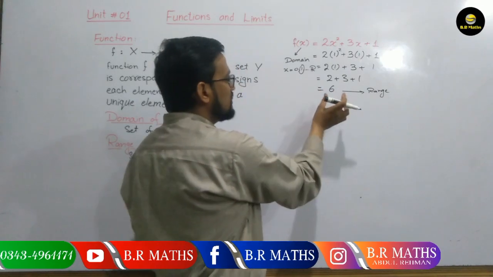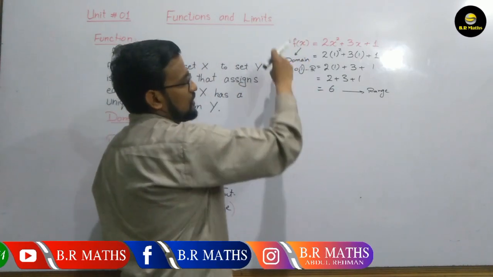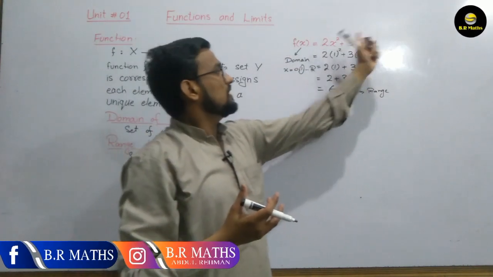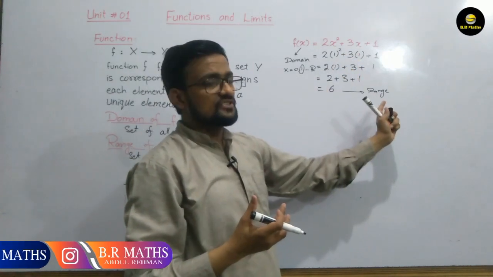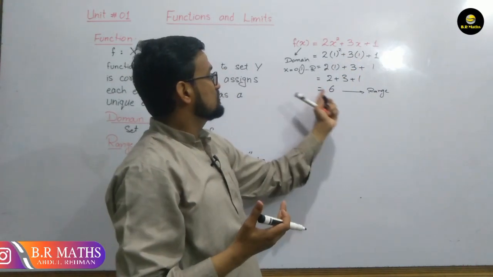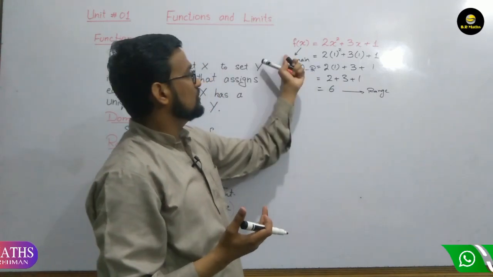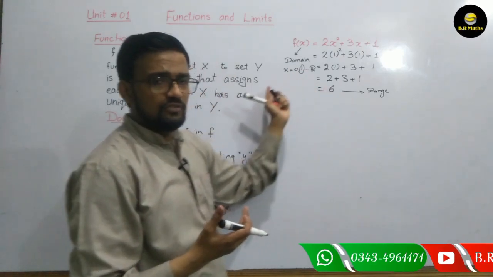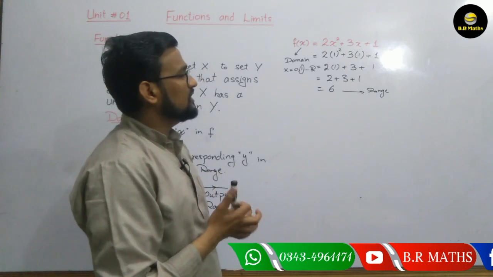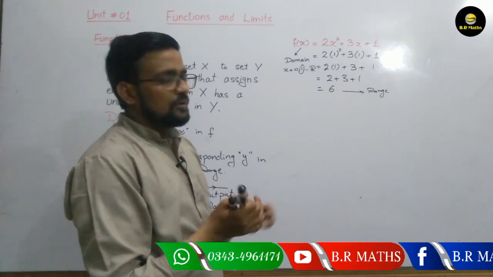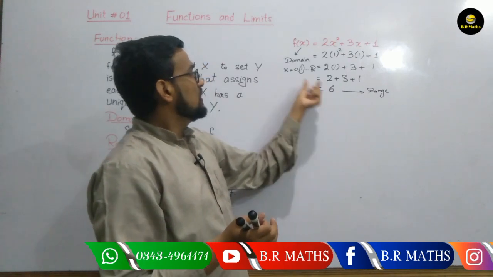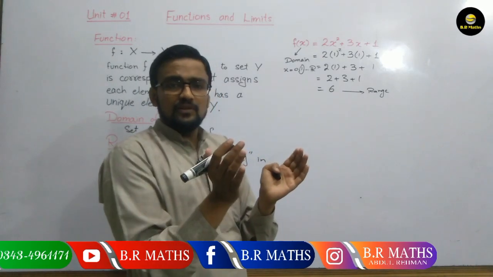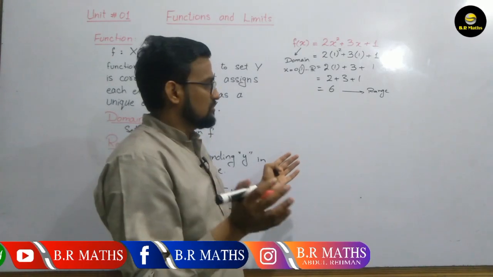Not only 6, it depends upon the domain. You put different values in the domain of x, then apply this function, and the final result is different. So the range depends on the function and the domain. But sometimes, for the domain you can put anything, but the range is limited values, not all real numbers.